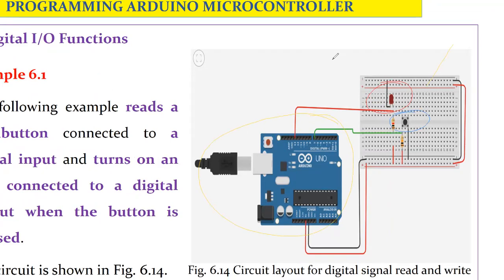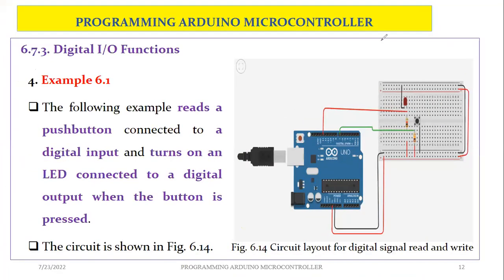Before we draw the circuit in Tinkercad, I will first do the program, and then we debug the program. After we've confirmed that the program is free from errors, then we can draw the circuit and test our code.